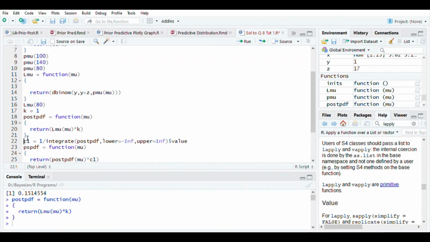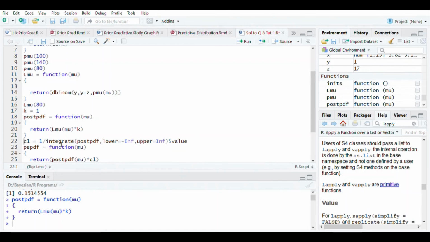Now in order to obtain the proper posterior distribution, we will have to integrate this so that we will get the constant of proportionality. The constant of proportionality will be 1 upon the integration of this posterior PDF with respect to mu. Now since mu is a real valued parameter, the lower limit of integration should be minus infinity and the upper limit should be infinity.